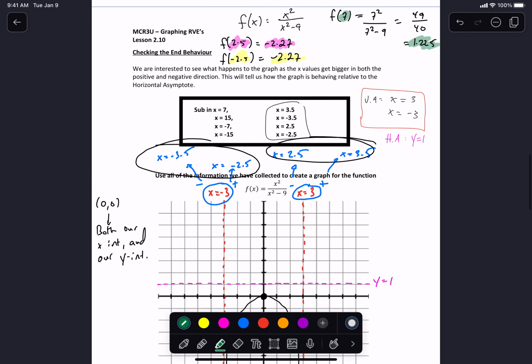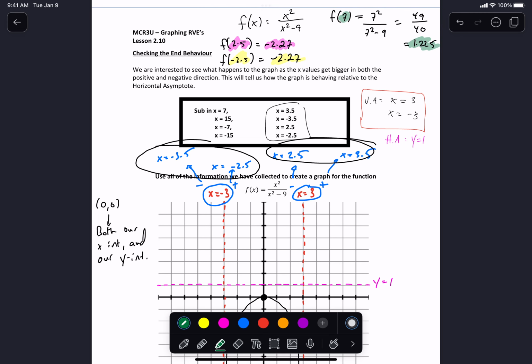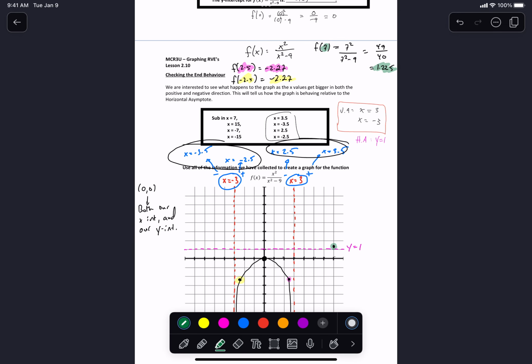So at 7, when I input the value of 7, 1, 2, 3, 4, 5, 6, 7, I get a value of 1.225. If I evaluate at f equals -7, I get negative.